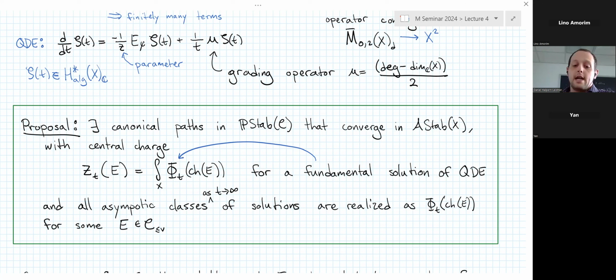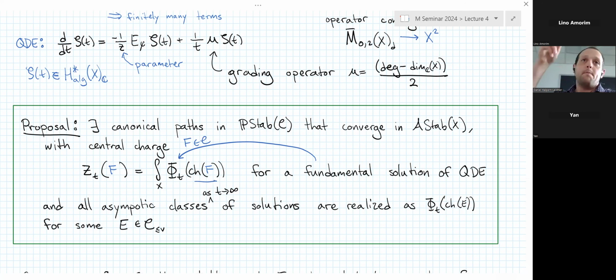I'm a bit confused because you use E kind of. Did I? I mean F, yeah, Z for F. F is a different object of the category. So Z of F should be, basically you have a fundamental solution of the QDE. That means that for every algebraic cohomology class, which is ch of F, you get some solution of the quantum differential equation.